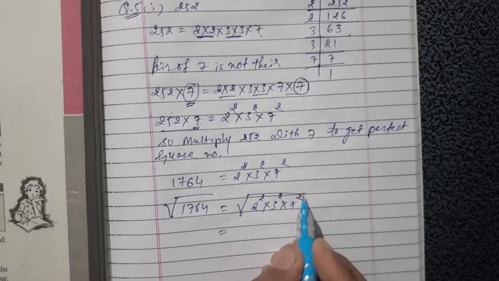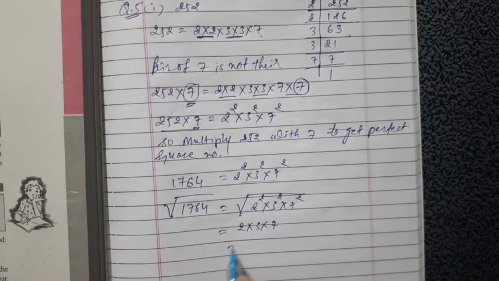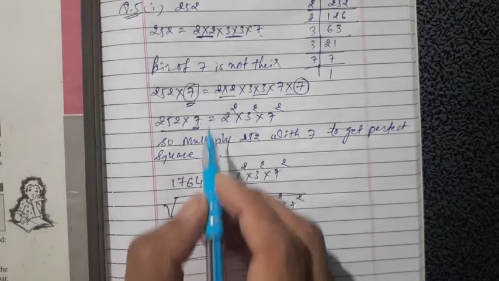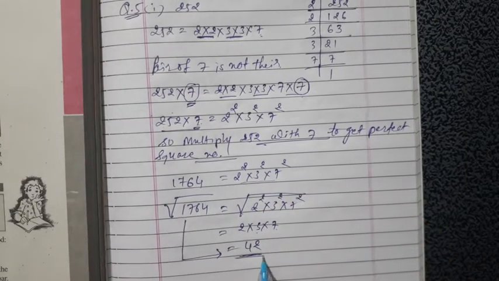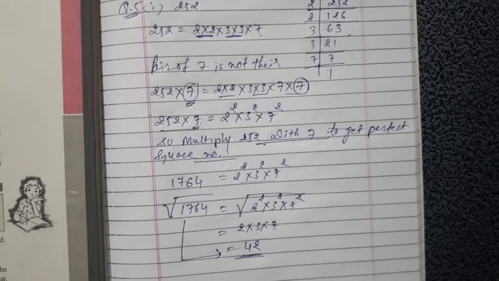Now remove the square and square root, so that is 2 into 3 into 7. 7 threes are 21 and 2 twenty-ones are 42. So the square root of the new number is 42. That's your answer. Multiply with 7 is your first answer, and the square root of the new number, 42, is your second answer.